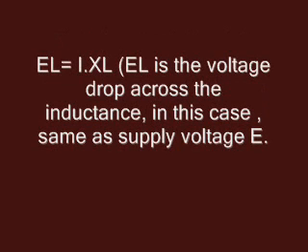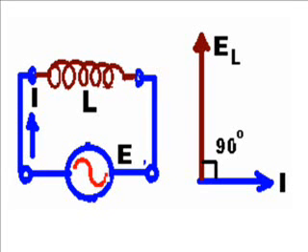EL is equal to I into XL, where EL is the voltage drop across the inductance, in this case the same as supply voltage E.